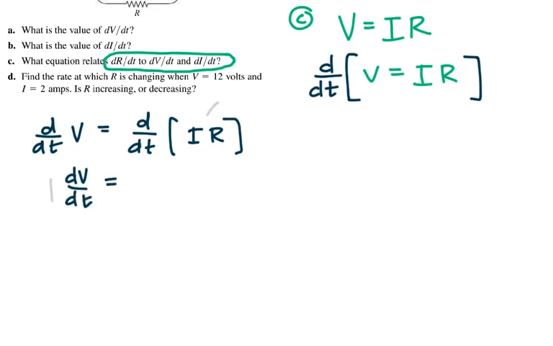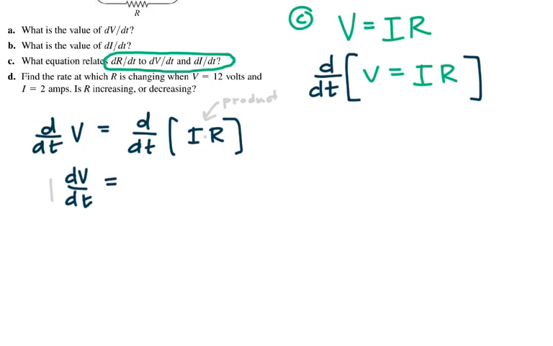However, when I get to the other side and look at differentiating I and R, we need to recognize that we have a product there. So I need to use my product rule, and I'm going to write this out. Because when we use our product rule, we say first times the derivative of the second plus second times the derivative of the first.